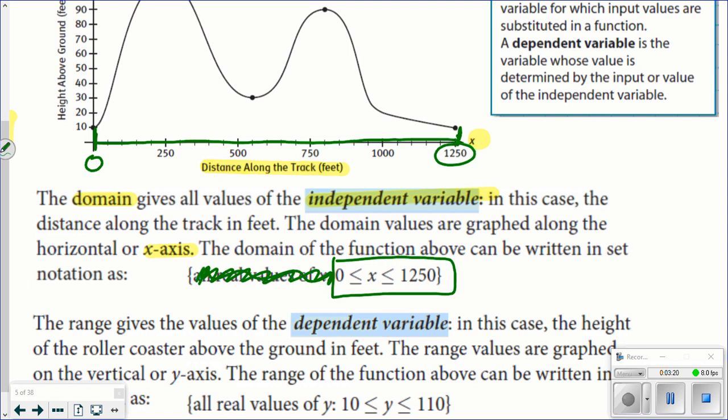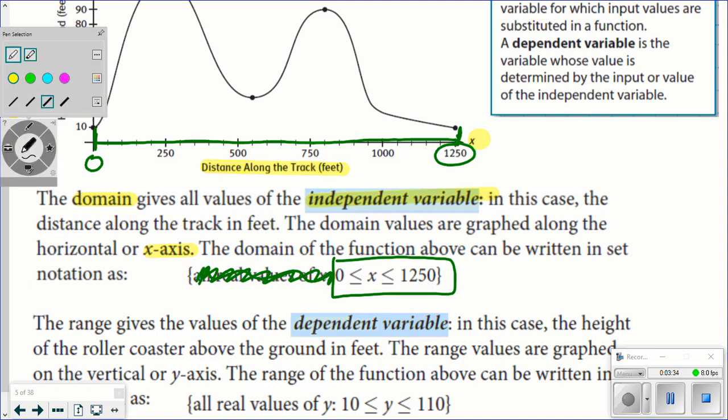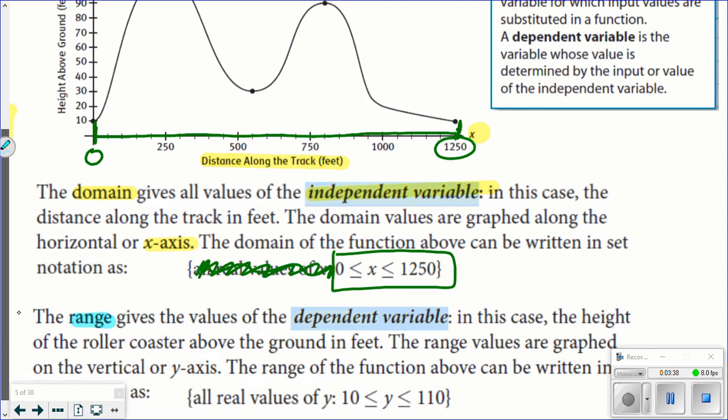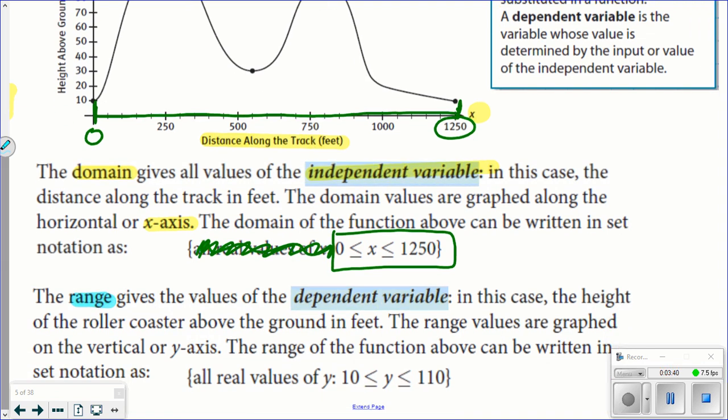So for domain, it's your x, it's your input, it's your independent variable, and we look horizontally left to right on your x-axis. So our range now is the opposite. The range is our dependent variable, which is our output or our y-axis.